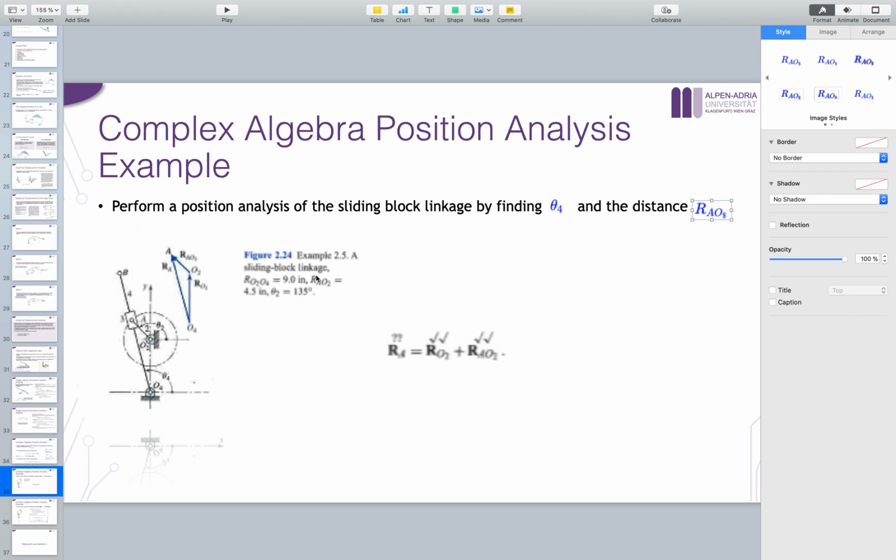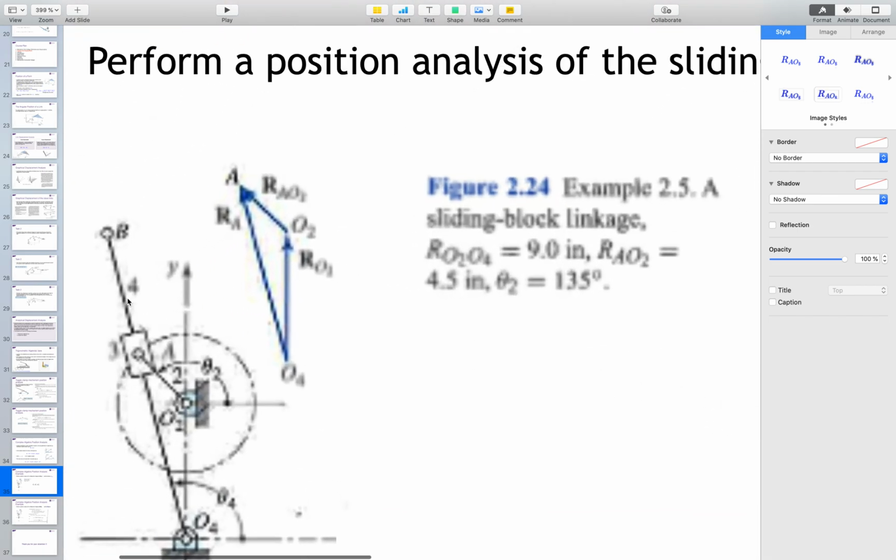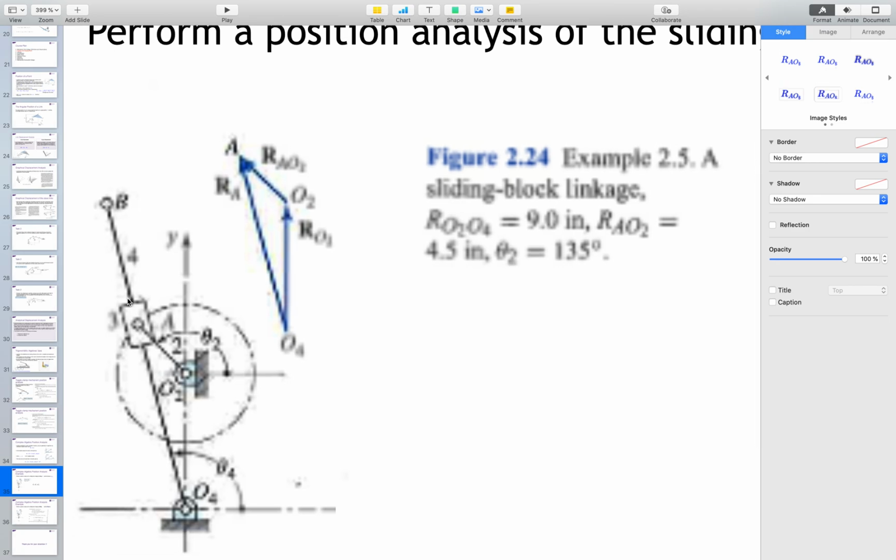So what we need to start with when it comes to position analysis using complex algebra is that we need to define vectors, and we need to find closed loop vectors, which means here we have a triangle, and I need to start with the origin point and draw my first vector in the imaginary or the complex space.